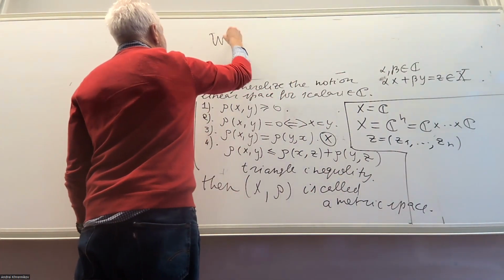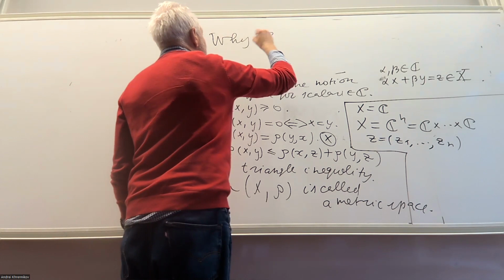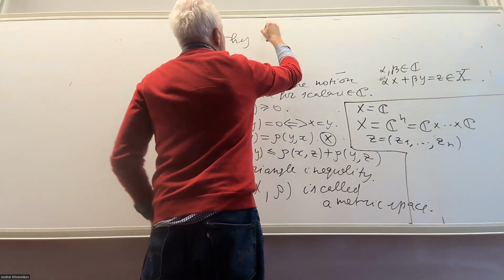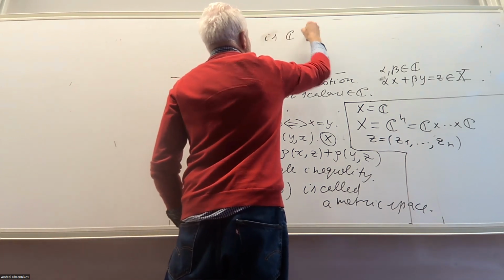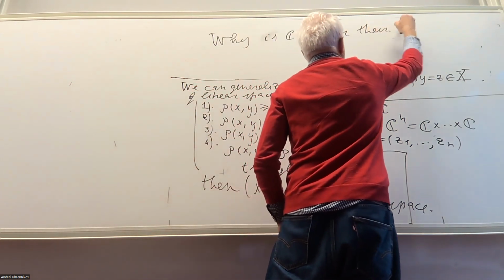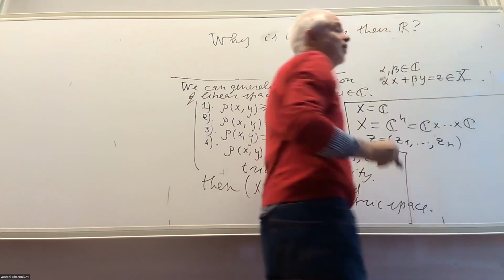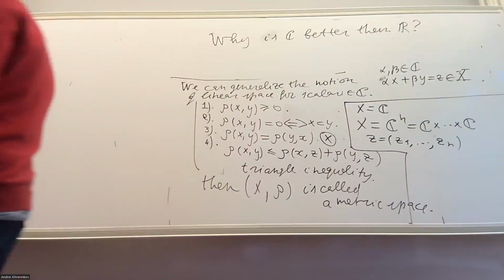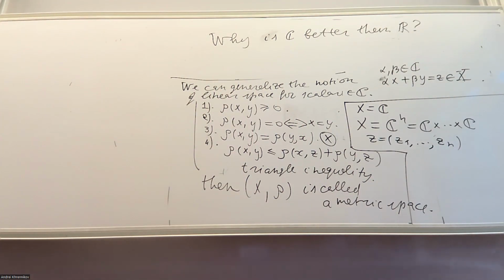Why is C better than R? For example, in signal analysis, in electrical engineering, everywhere you will see complex numbers.